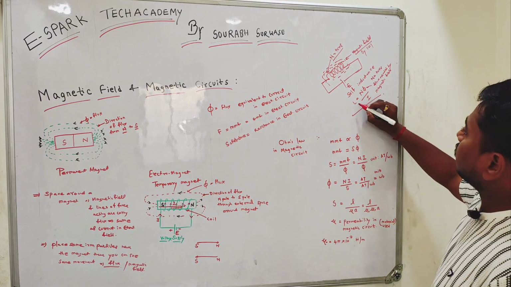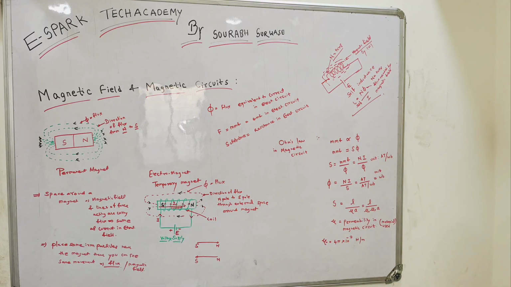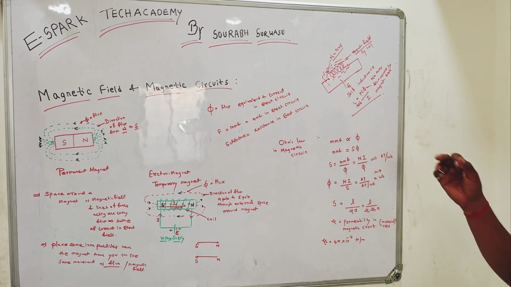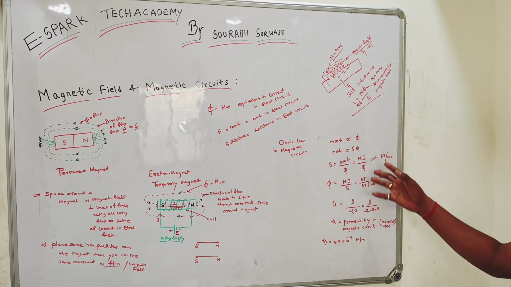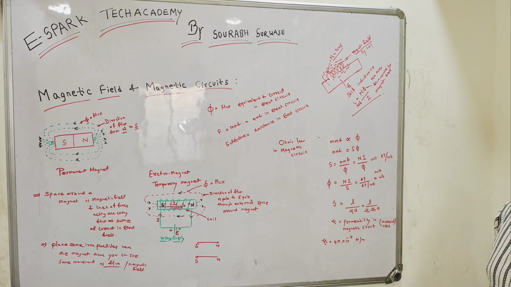This is the self inductance, L self. As far as the coil's self inductance or mutual inductances are concerned, we deal with these in the magnetic circuit.